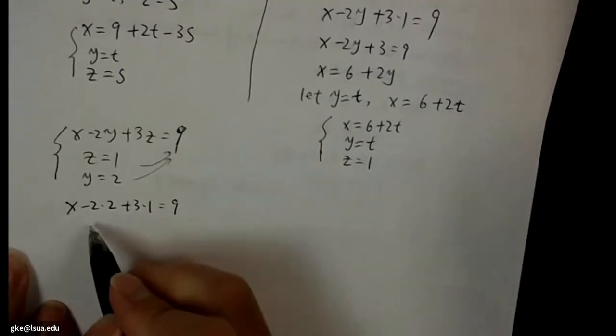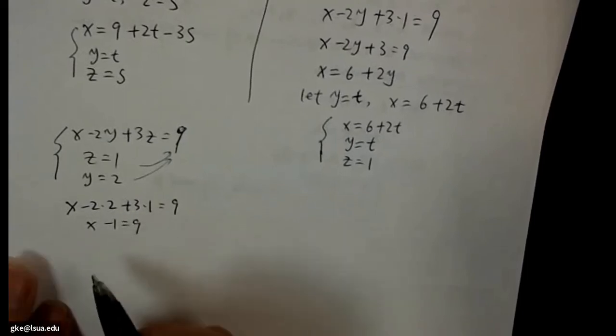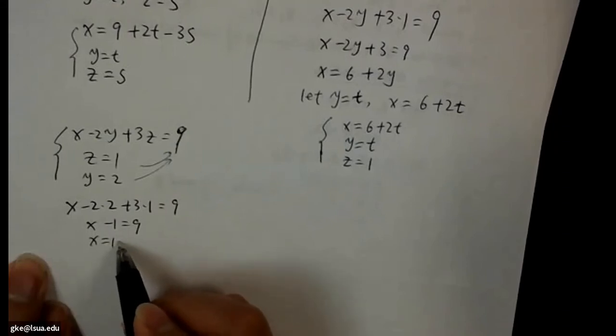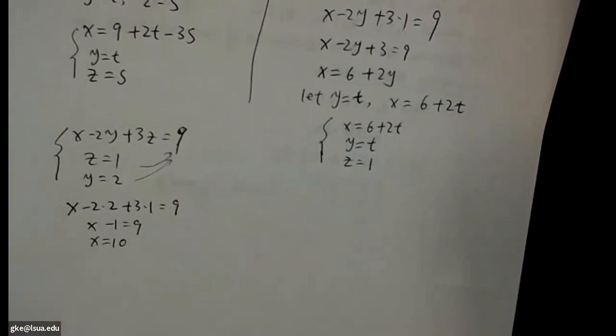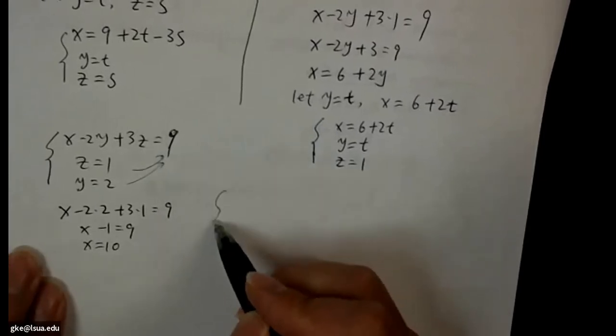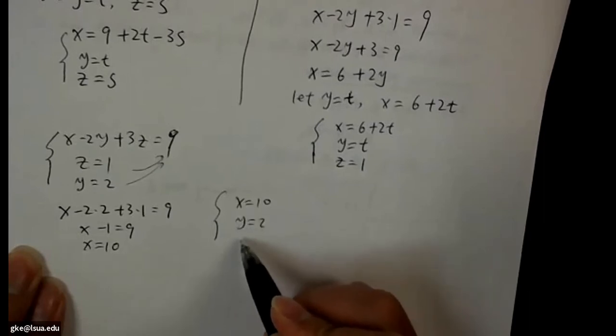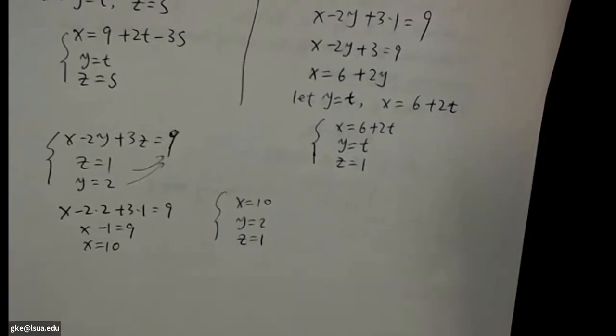And we can simplify this: -4, +3, x equals 10. The solution can be written as x equals 10, y equals 2, z equals 1. That's it. So we get a unique solution, just one solution for this linear system.